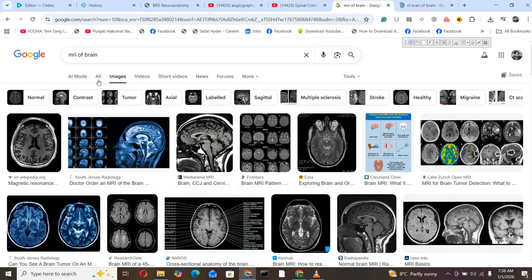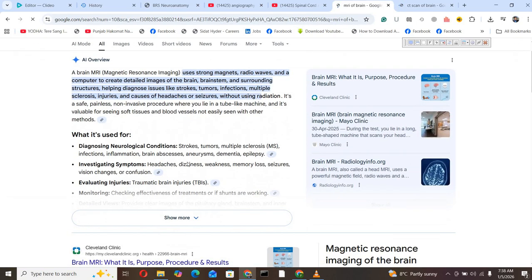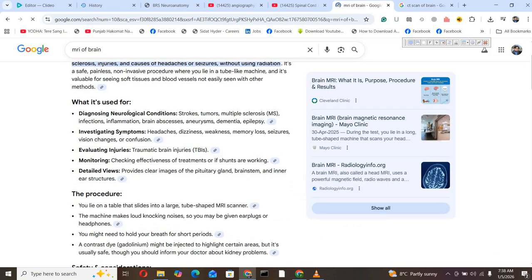Let's have an overview of both. MRI scans are used for diagnosing neurological conditions like stroke, tumor, multiple sclerosis, infection, and inflammation.